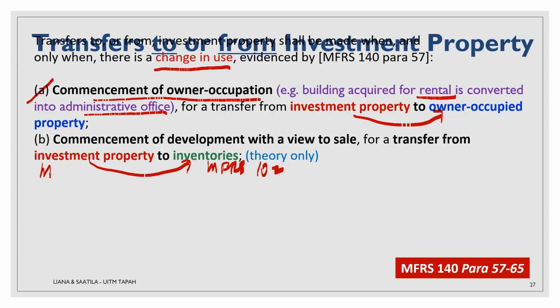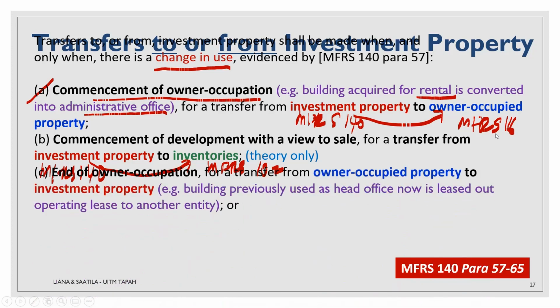Investment property is under MFRS 140, and this one will become the building under MFRS 116. Next is the end of owner occupation, meaning that at first it was an owner occupied property, and now it has changed the use of the building to become an investment property.